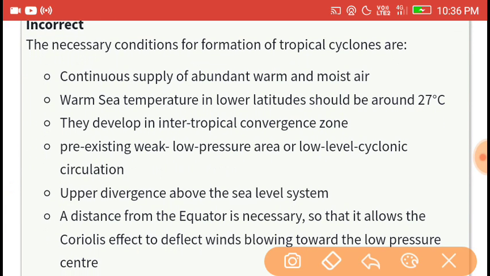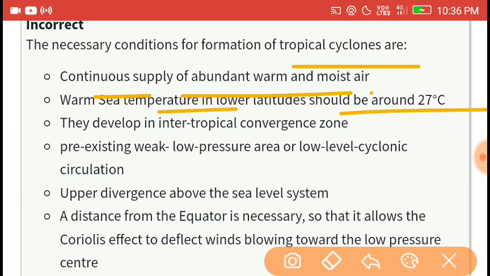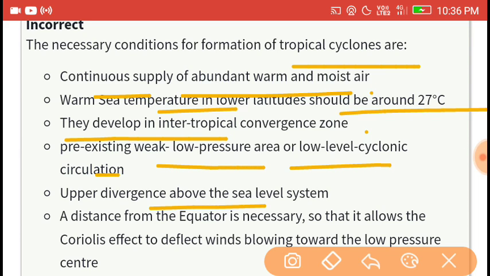So the necessary conditions for formation of tropical cyclones are a continuous supply of abundant warm and moist air, and warm surface temperature in lower latitudes, which should be 27 degrees. They develop in the intertropical ITCZ, with a pre-existing weak low pressure area and low level cyclonic circulation, and upper divergence above the sea level system.